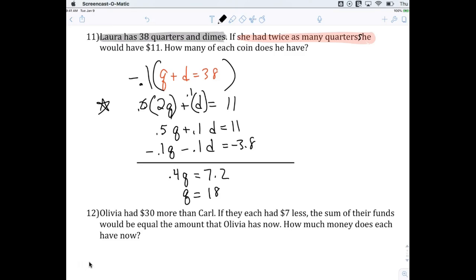Isn't it 18? Yes, it's 18. So that tells me I have 18 quarters. So if I have 18 quarters, that must mean I have how many dimes? I'd have 20 dimes. Thank you very much.